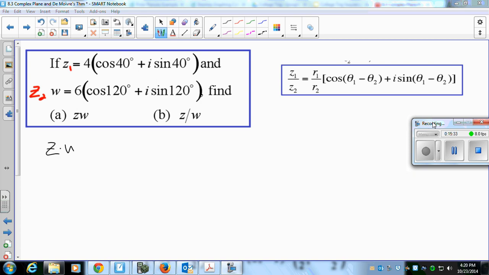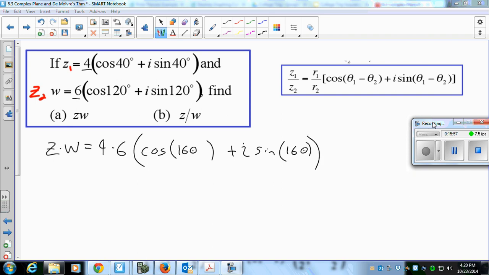Z times W is going to be equal to R1 times R2, so 4 times 6, and then I'm going to have the cosine of the sum of these two angles. Sum, the order doesn't matter, so I get 160 plus I sine of 160.